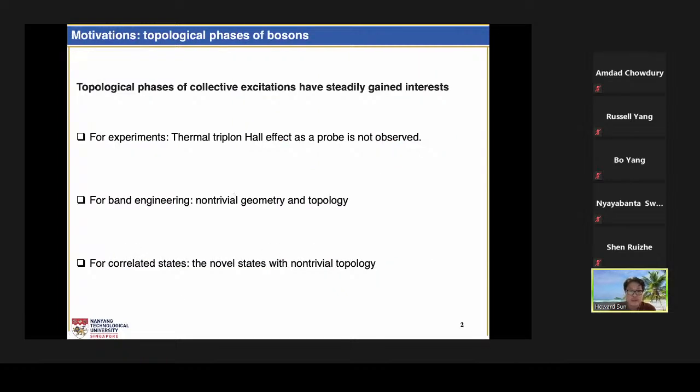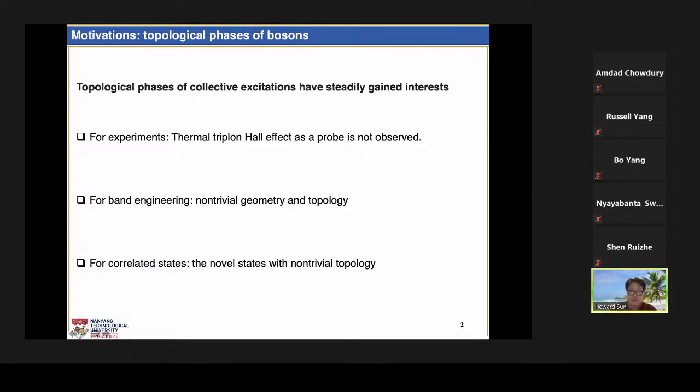Before the main talk, I would like to illustrate my motivations. My motivations come from three aspects. As we know, the topological phases of the boson of collective excitation have steadily gained interest. But there's still some problem, especially for the experiments.